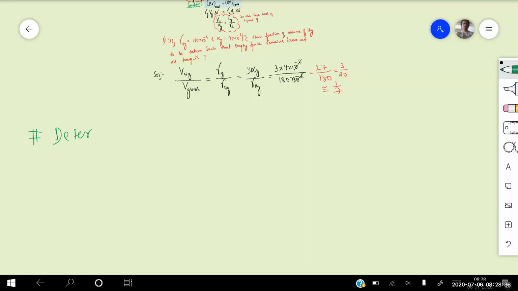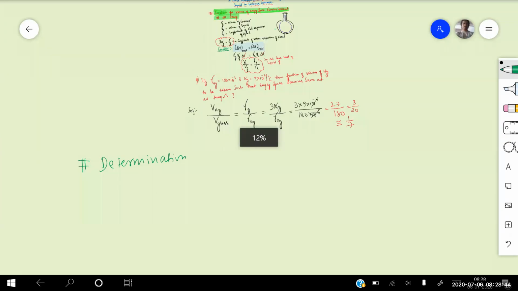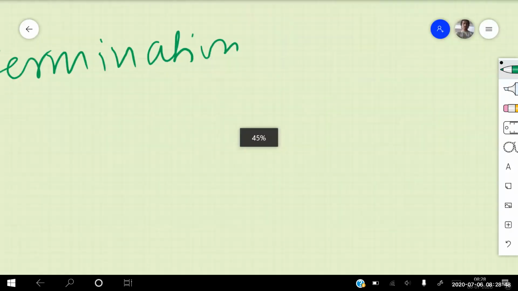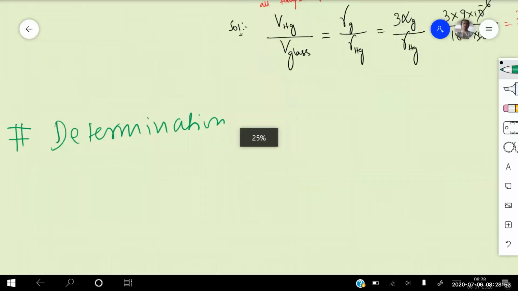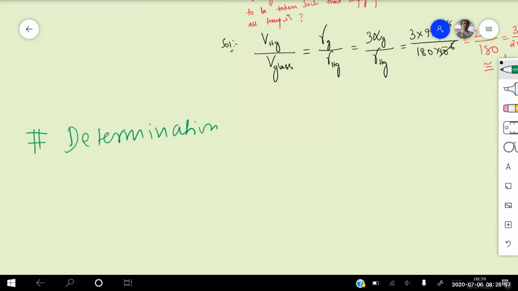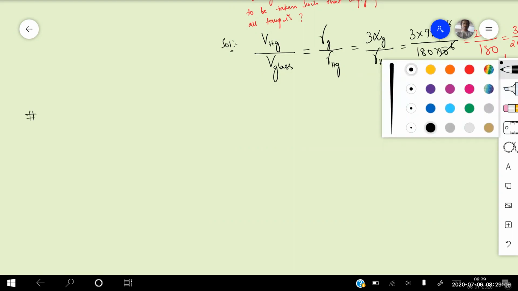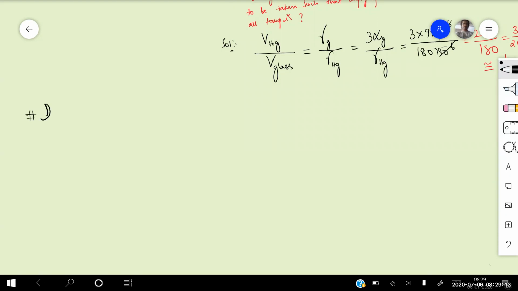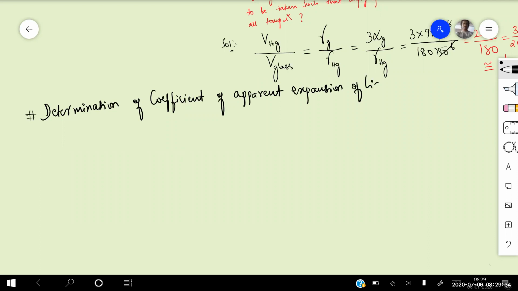Next heading: determination of coefficient of apparent expansion of liquid.